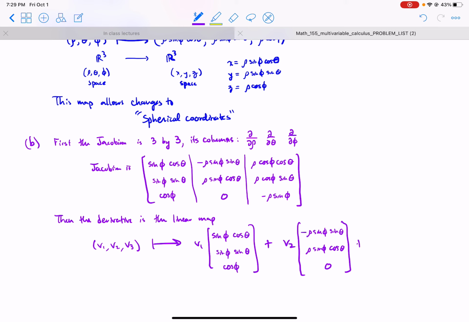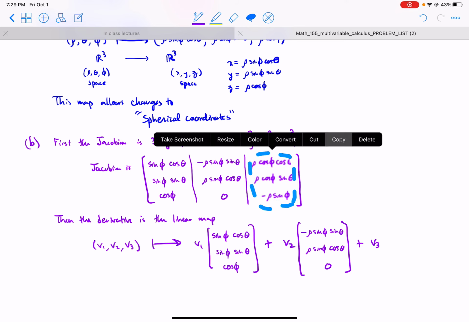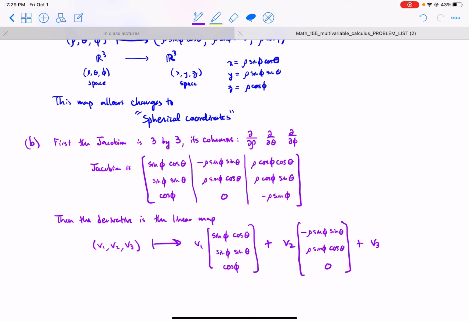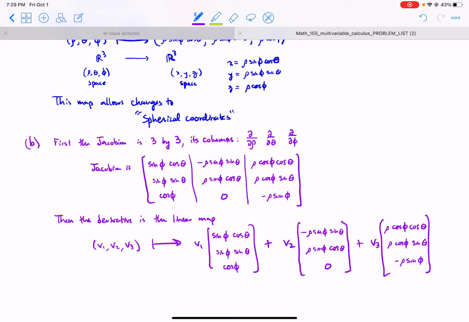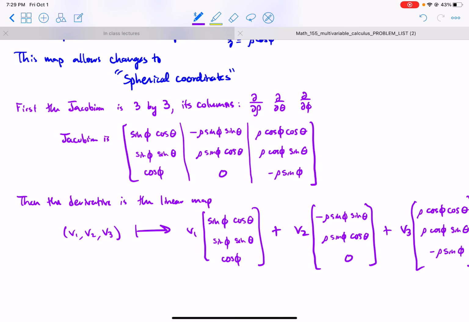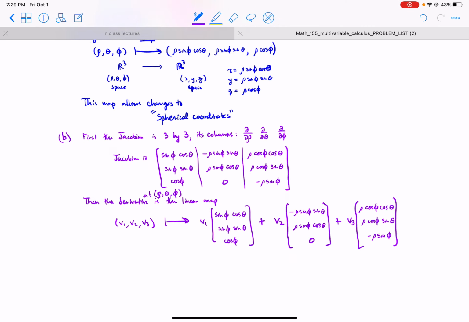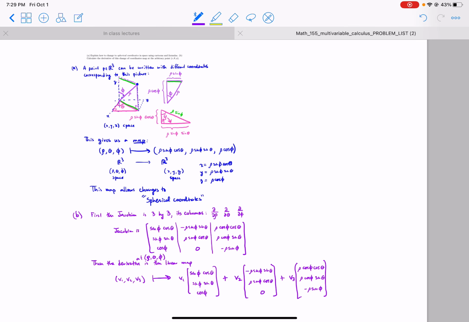We're calculating this derivative at an arbitrary point to be specified later in an actual calculation. And the last column, the last vector that we linearly combine, looks like that. And this is the derivative. Well, I should say at rho theta phi. Okay. That's the end.